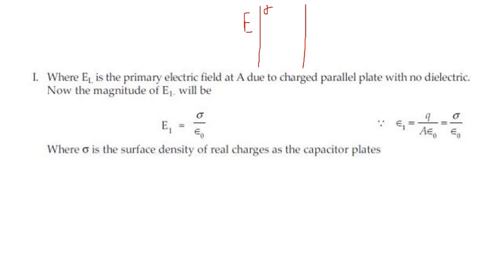Now if on the surface we are applying an electric field and the surface charge is sigma, then the field can be written as Q over epsilon 0 A.